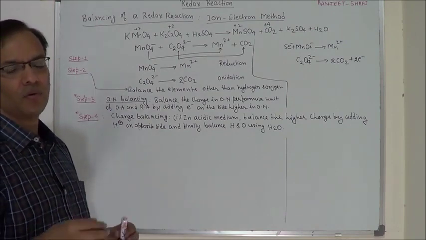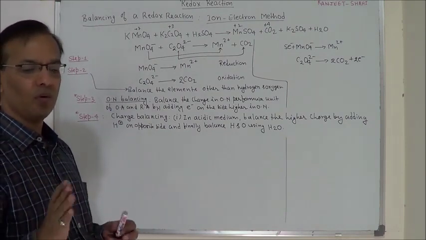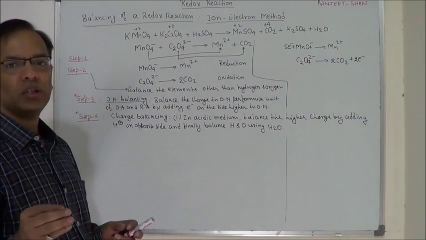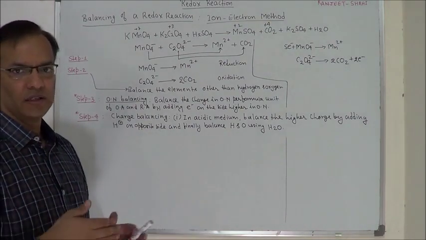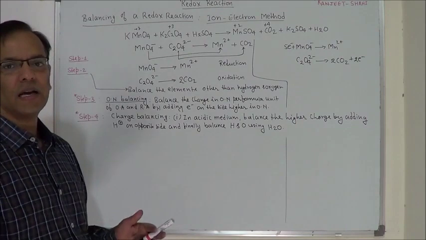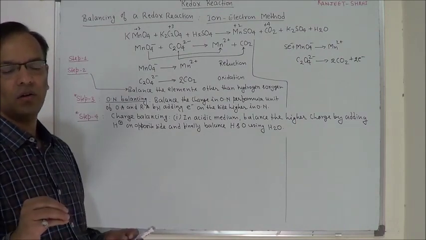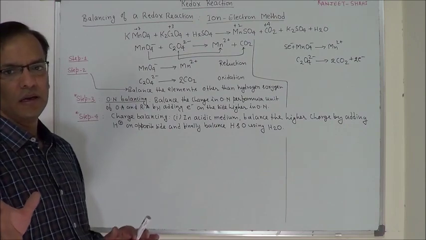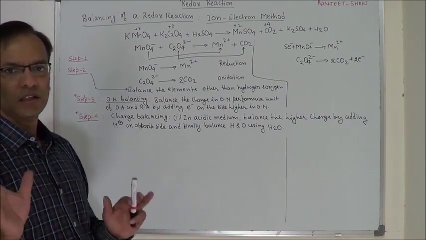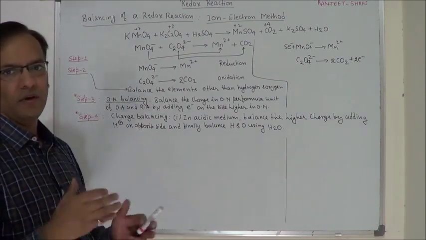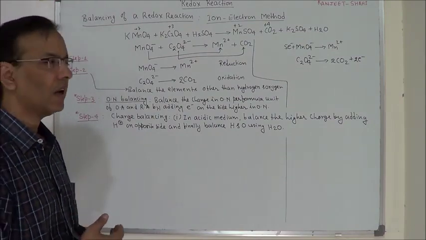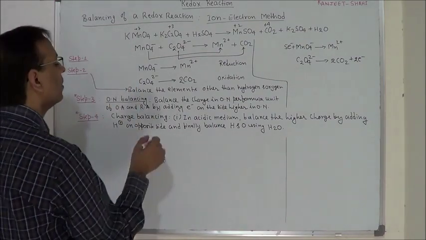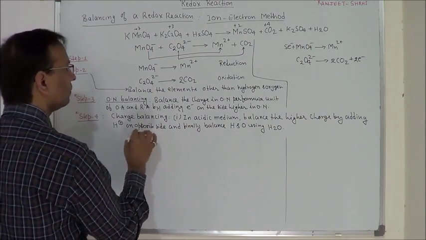Means we'll have to check the charge on the two sides of the half reaction, and the side which has higher charge will determine the charge on the two sides of the reaction. Let us apply this on the example we are taking now.